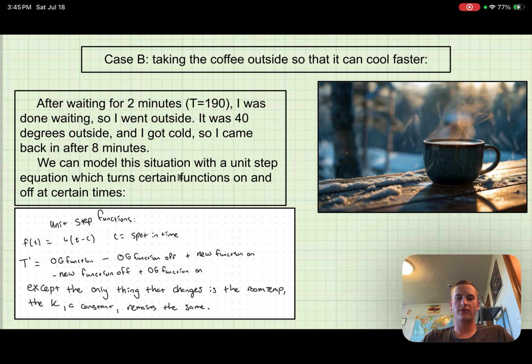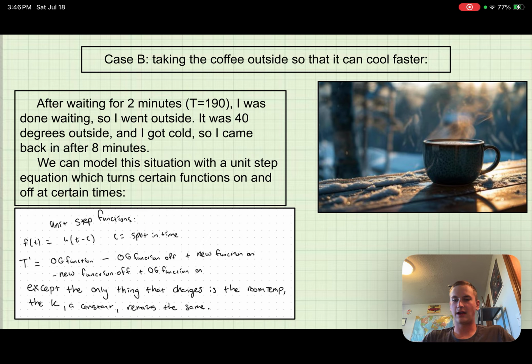We can model this situation with a unit step equation. Basically, it turns certain functions on and other functions off at specific times. So at time equals 2, I'm going to turn on the function for room temperature to be 40 degrees, and I'm turning off the function of room temperature to be 70 degrees.